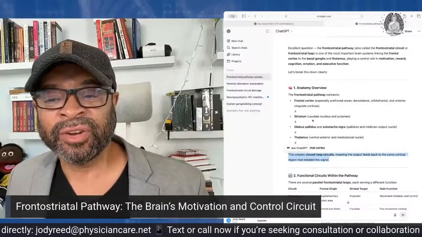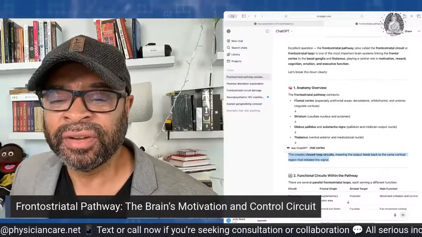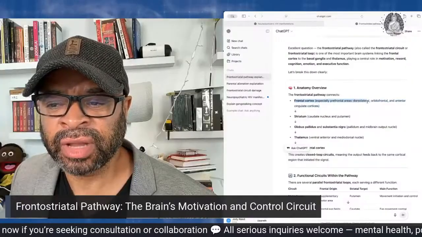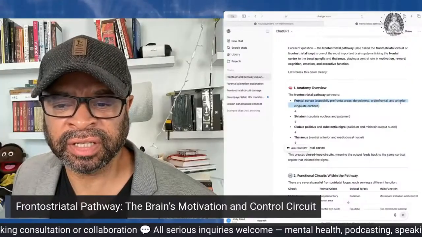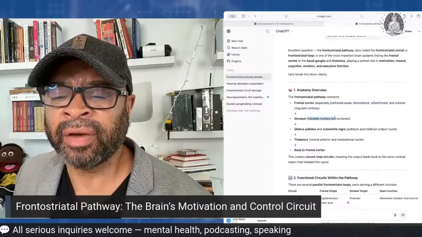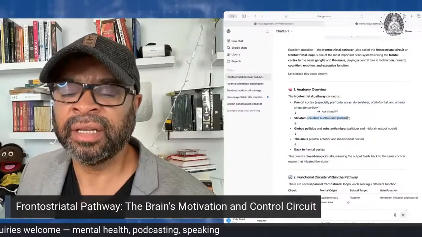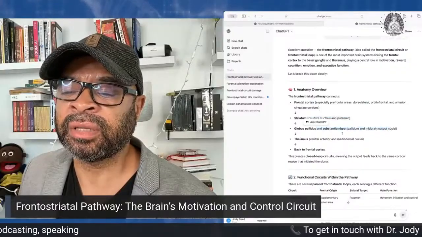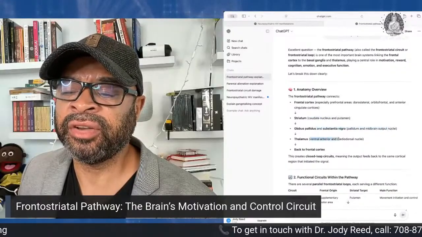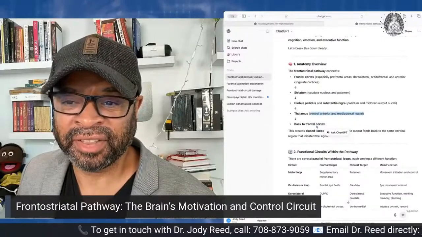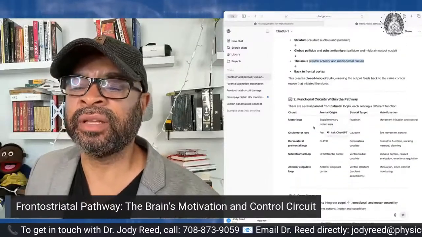The frontostriatal loop: the frontal lobe, especially the prefrontal areas, such as the dorsolateral, orbital frontal, and anterior cingulate cortices. Next the striatum, the caudate nucleus and the putamen. Then the globus pallidus, the pallidum, and the midbrain substantia nigra, and the ventral anterior and mediodorsal nuclei of the thalamus, and back to the frontal cortex.